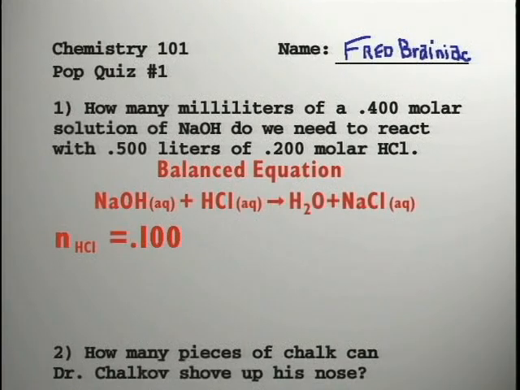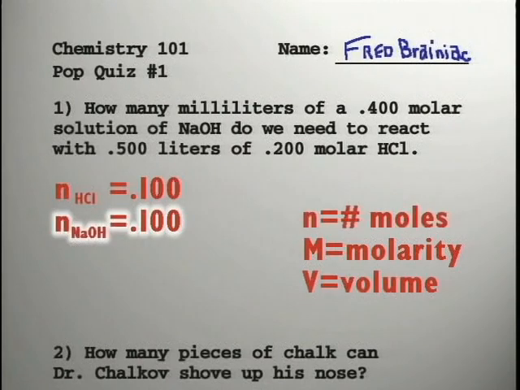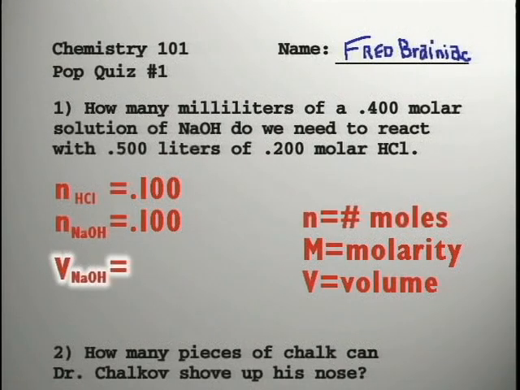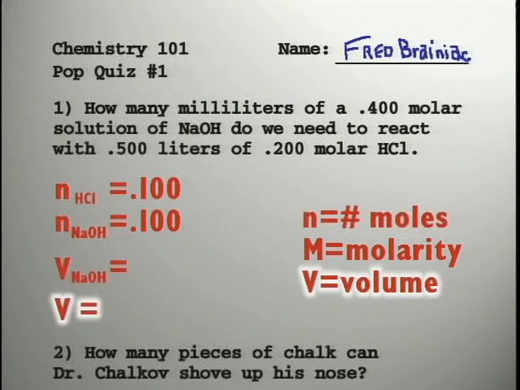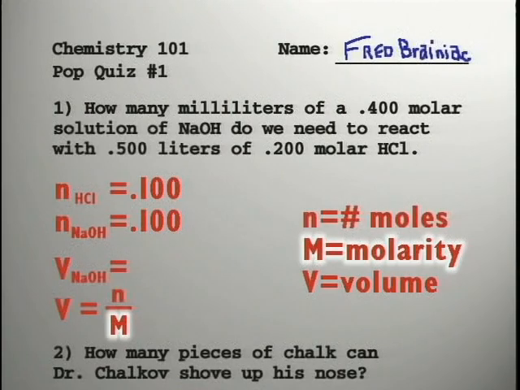Although we don't have enough information to calculate how many moles of NaOH we need, we know from the balanced equation that we need the same number of moles of NaOH as HCl. So, we'll need 0.100 moles of NaOH. Now we can go ahead and calculate the necessary volume of NaOH. To find the volume, we'll use the equation V, volume, equals N, the number of moles, divided by the molarity.